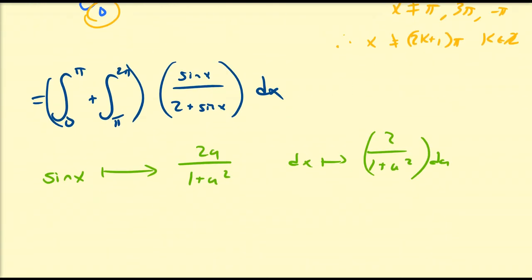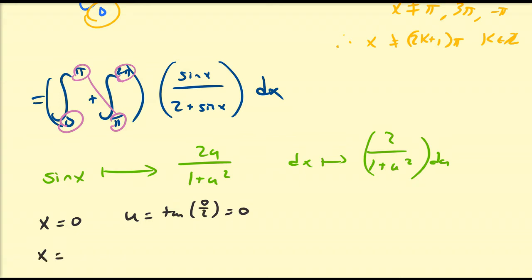So now let's focus on our limits of integration. When x is equal to 0, we know u is going to be equal to the tangent of 0 divided by 2, which is going to be equal to 0. So that's no big deal. When x is equal to pi from the left, we know u is going to be equal to the tangent of pi from the left divided by 2.